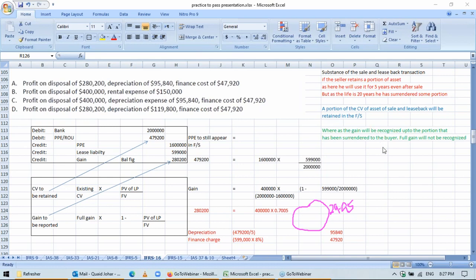The correct answer is A. Profit on disposal 280,200, depreciation 95,840, and finance cost 47,920. This is the correct answer.